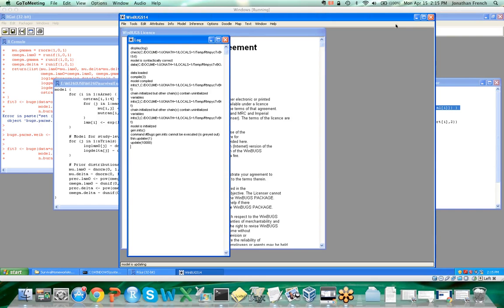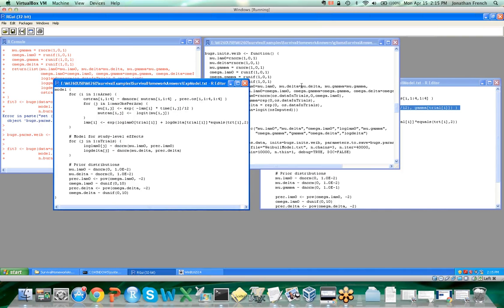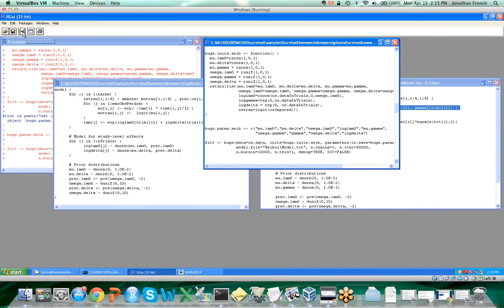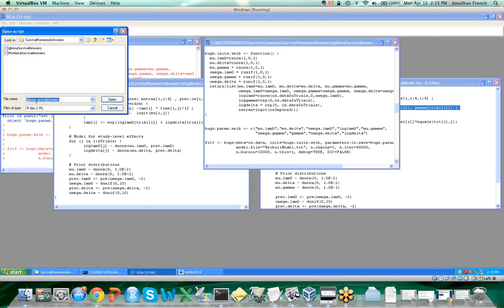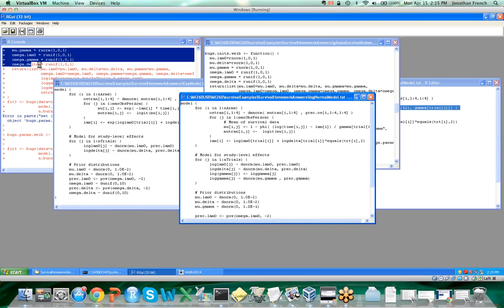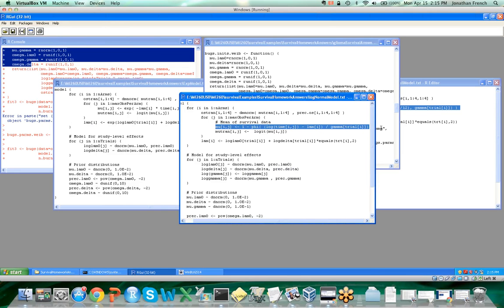So you'll see when we move to fitting the log normal model, maybe I can open that here while BUGS is running. Again, all that's going to change is essentially this line of code here.